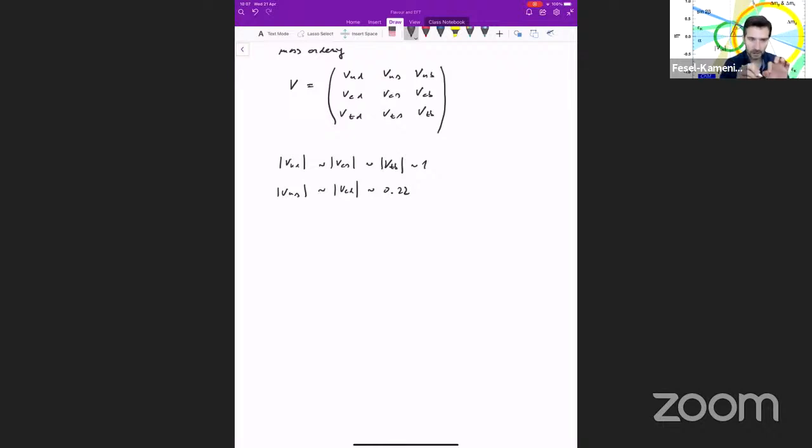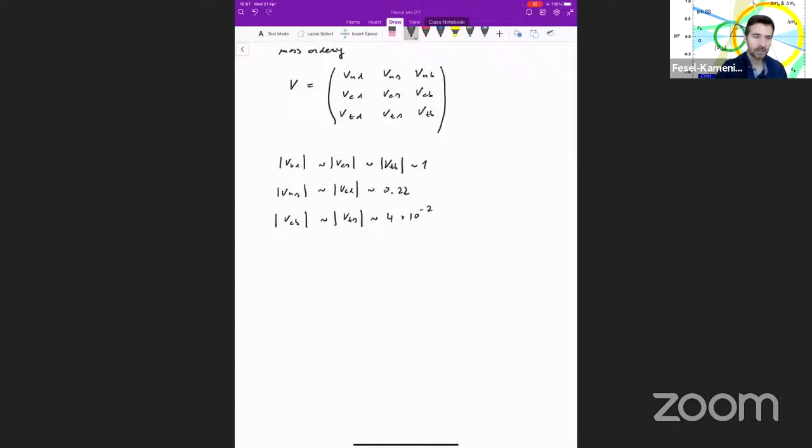If we go further off the diagonal, the third and second off-diagonal matrix elements are even smaller. VCB and VTS are approximately of the same size, 4 times 10 to the minus 2.